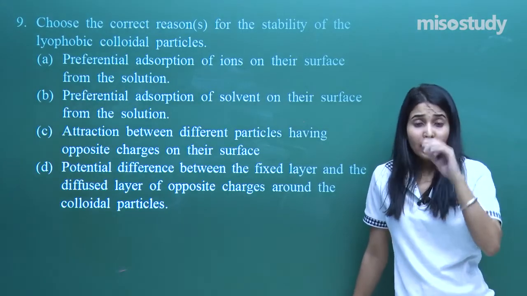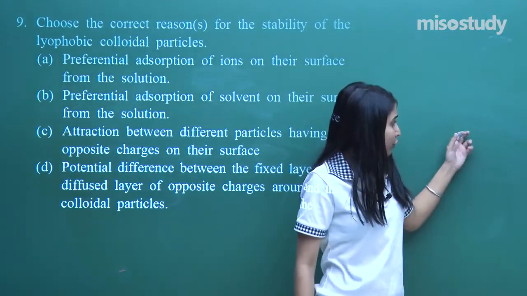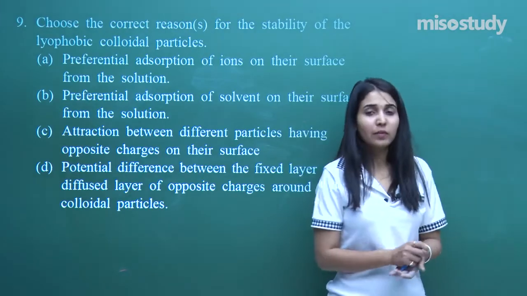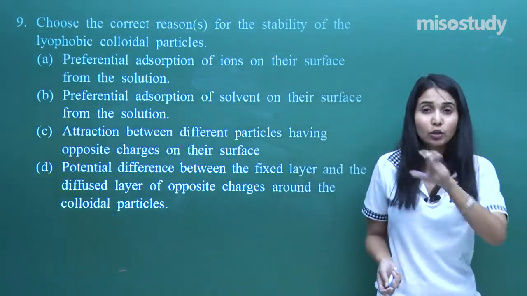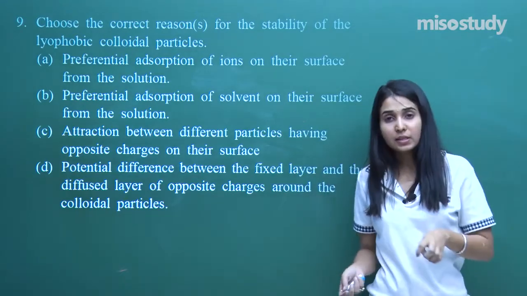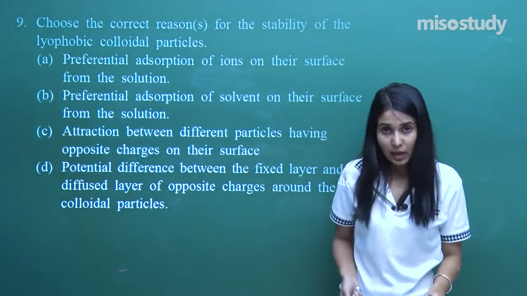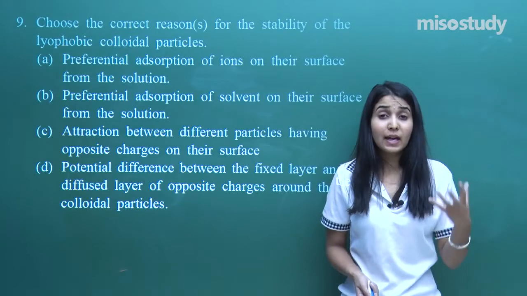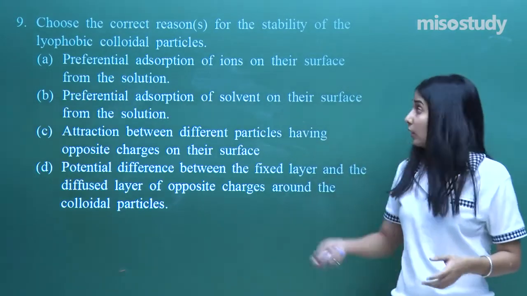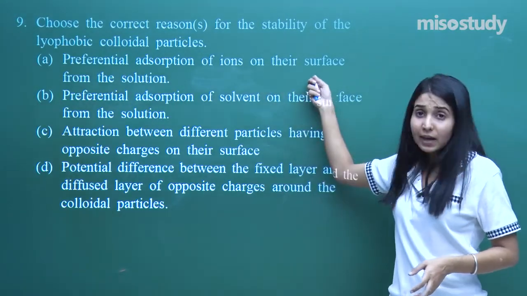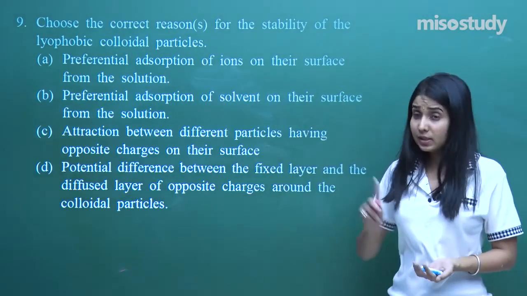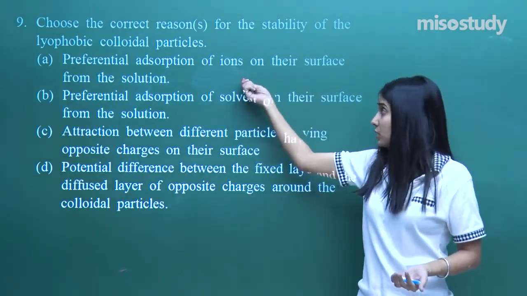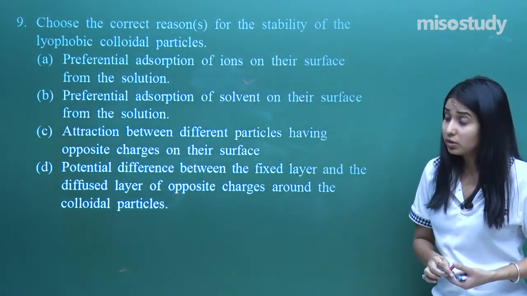When I was doing it, if my surface was positive, made up of Ag+, I had two options: ferrous sulfate and potassium iodide. The positive surface had preferential adsorption of ions from the solution. So if I had to stabilize, of course this one would be correct, no doubt in that.